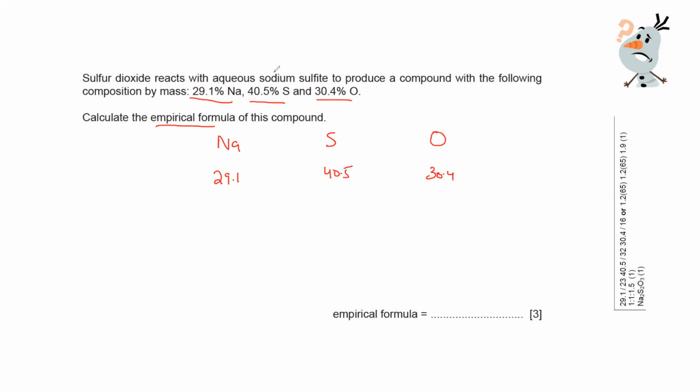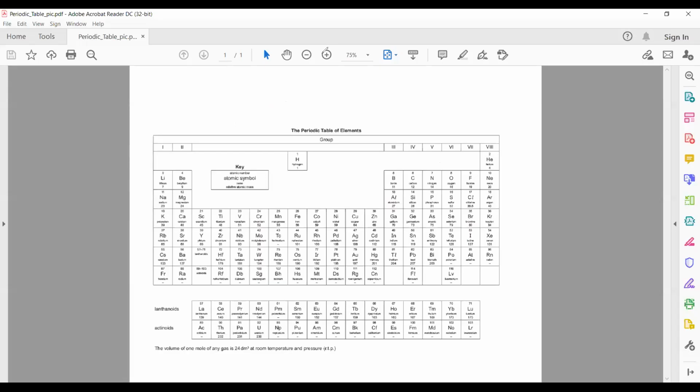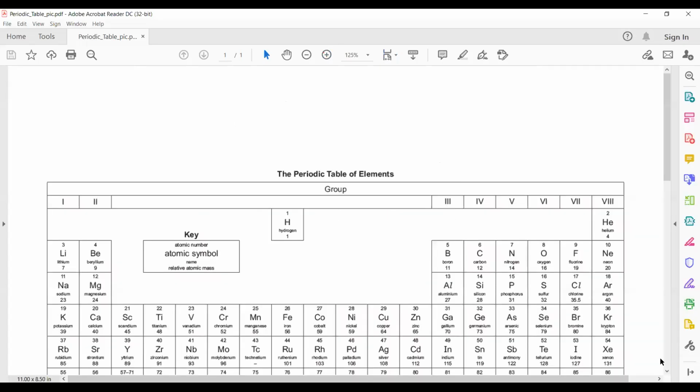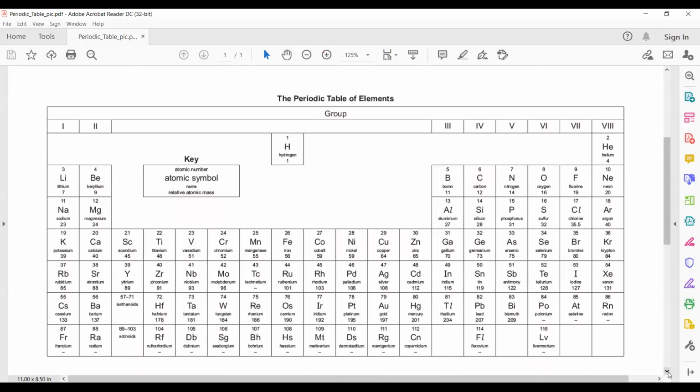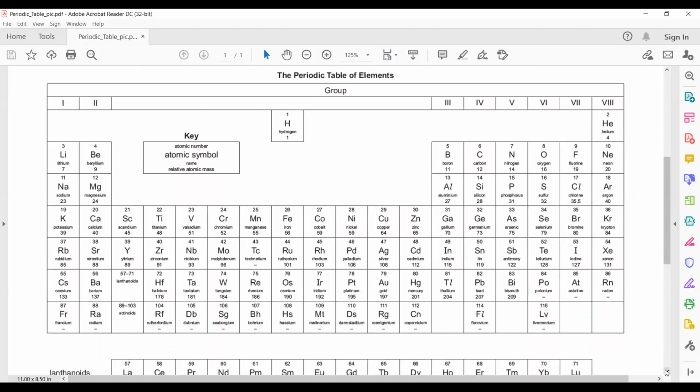What is step 1? Step 1 is divide by atomic mass. So we'll divide each of them by their relative atomic masses. For atomic mass, we have to check the periodic table. So this is a periodic table. We have sulfur, sodium, and oxygen.